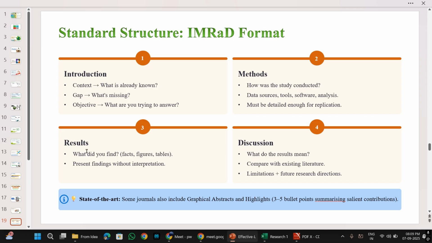You might prefer to work on the limitations of your study, or somebody else might feel more interested or curious about overcoming those limitations. So you have to state the limitations. Some journals also include graphical abstracts, so you have to keep yourself aware of these concepts, graphical abstracts and highlights.